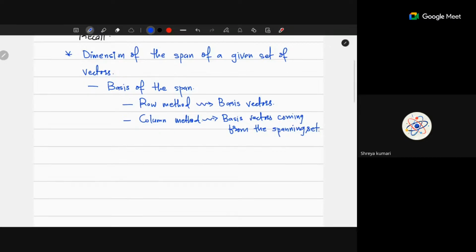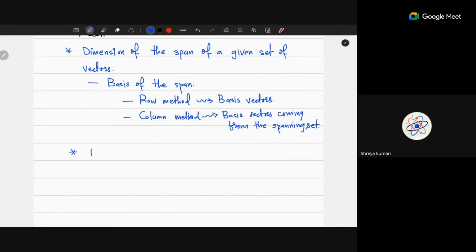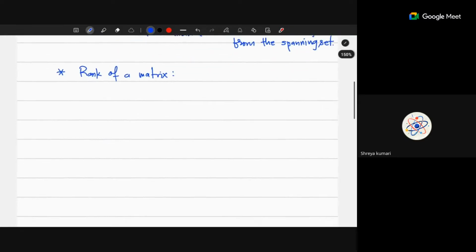There was also the rank of a matrix, which was discussed last time. So what was the rank of the matrix? Can anyone recall? Sir, the column rank. For the rows we can say the number of non-zero rows, and for the columns we say the number of pivots. Okay, good.